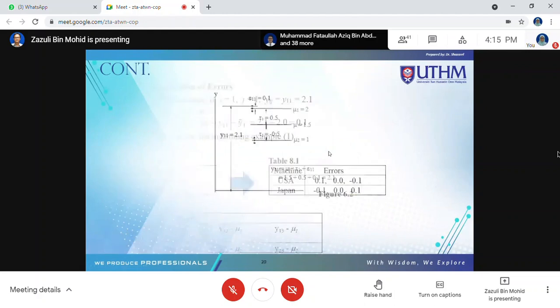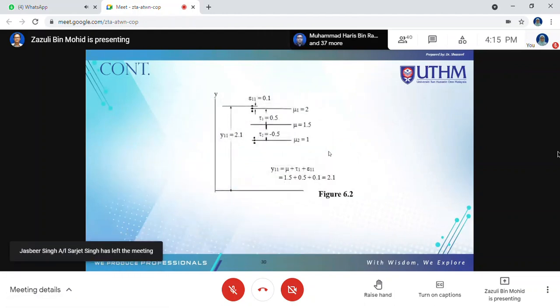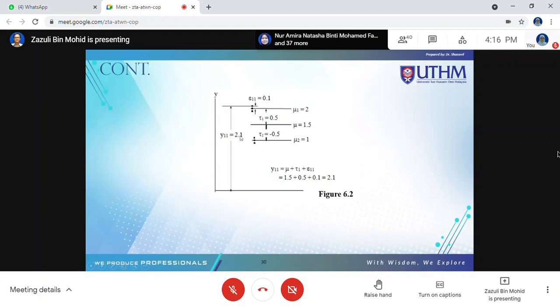So next, after you got it, if you want to know what is the actual tau value or the differences between each response, maybe you can plot a graph. This graph is showing the value of y11, which is 1 to 1, compared to the other data in the same level.